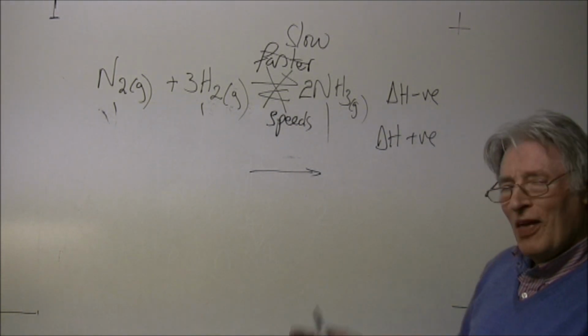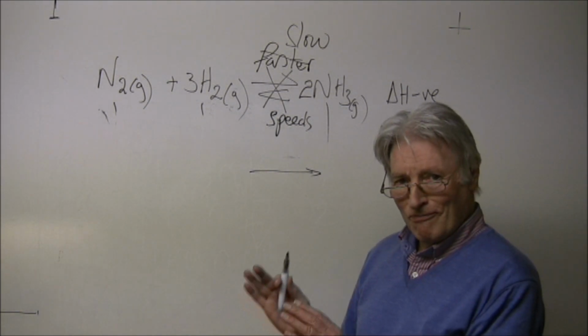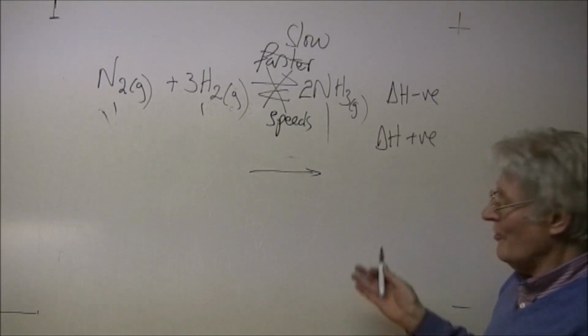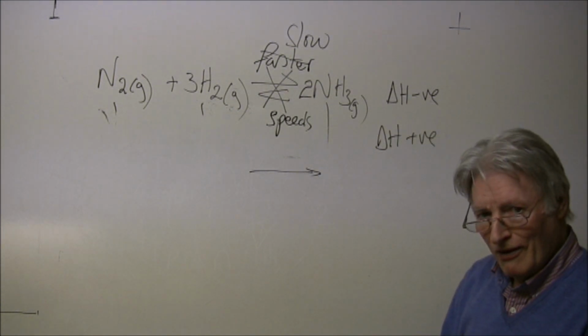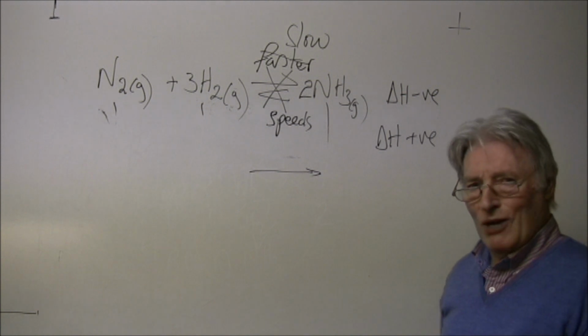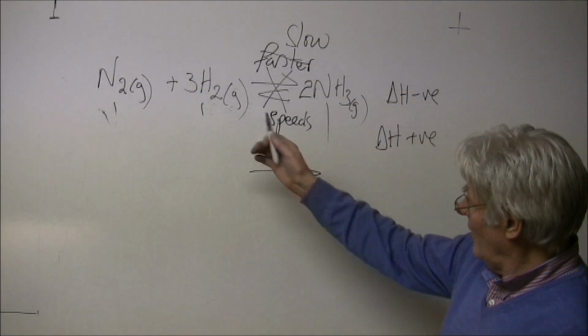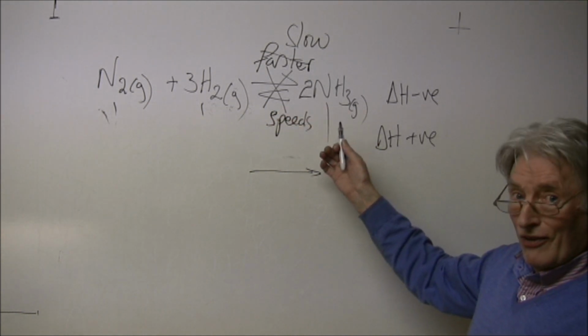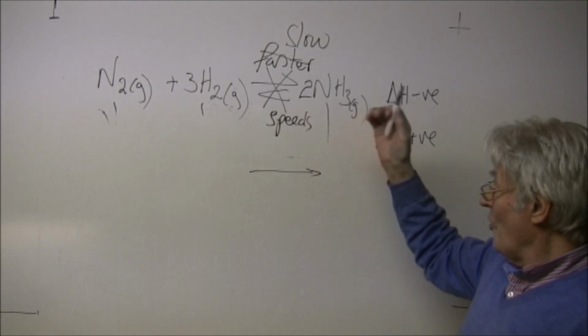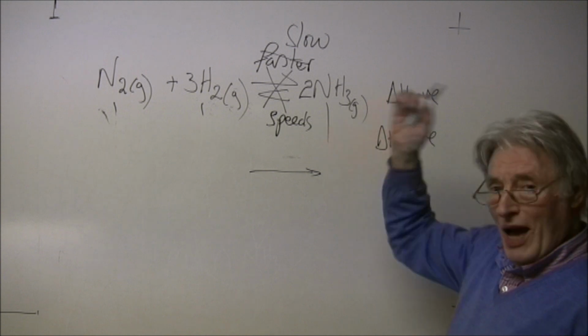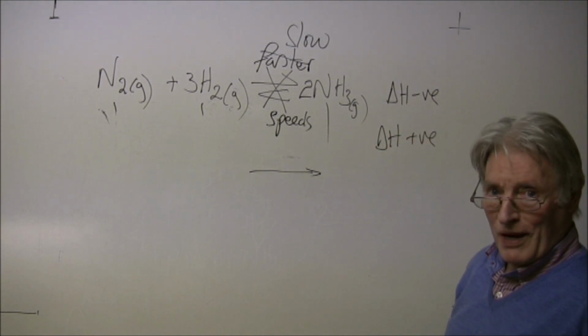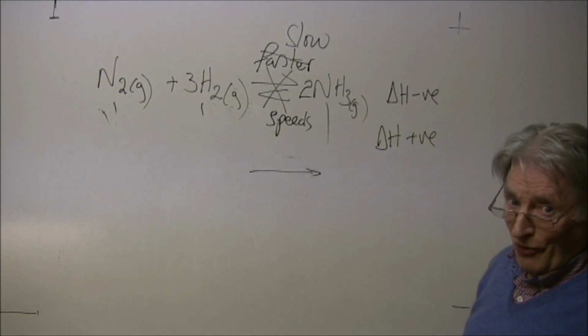As before, if we leave the system at that pressure, eventually the rates will become equal again. A new state of dynamic equilibrium will have been produced, but the position of equilibrium will have shifted to the right. In other words, there will be more ammonia present at the higher pressure than there was before.